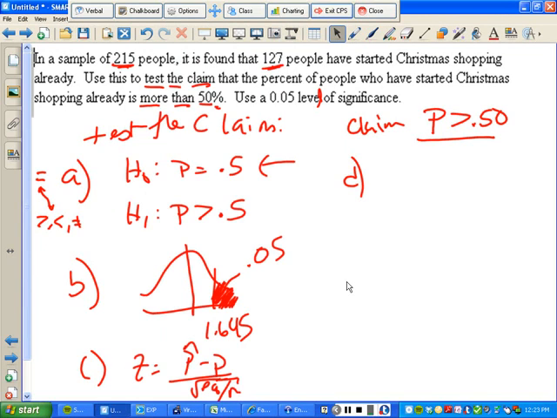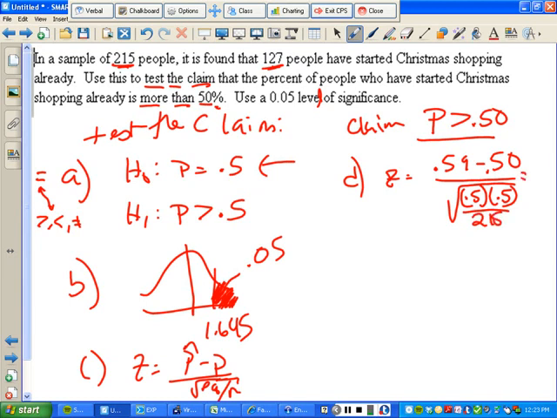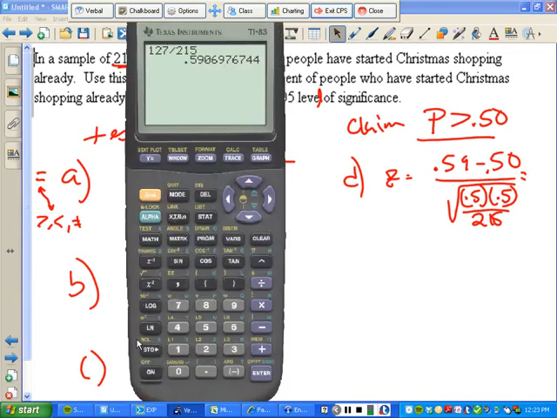Okay, so we're going to go z equals 0.59 minus 0.50 divided by the square root of 0.5 times 0.5 divided by 215. Let's go ahead and bring the calculator back up and type that in.